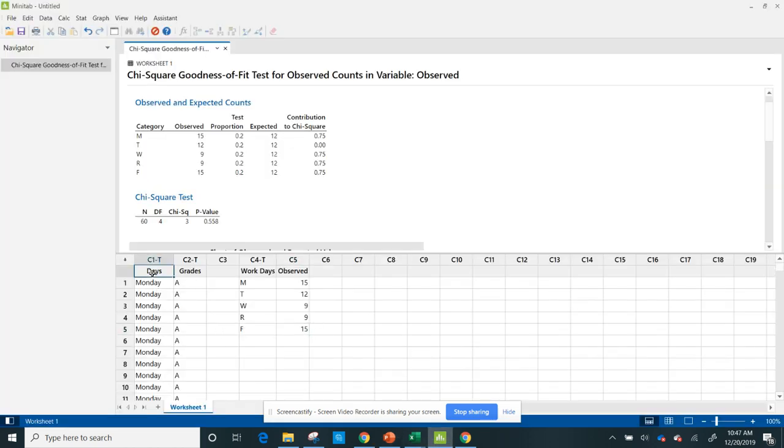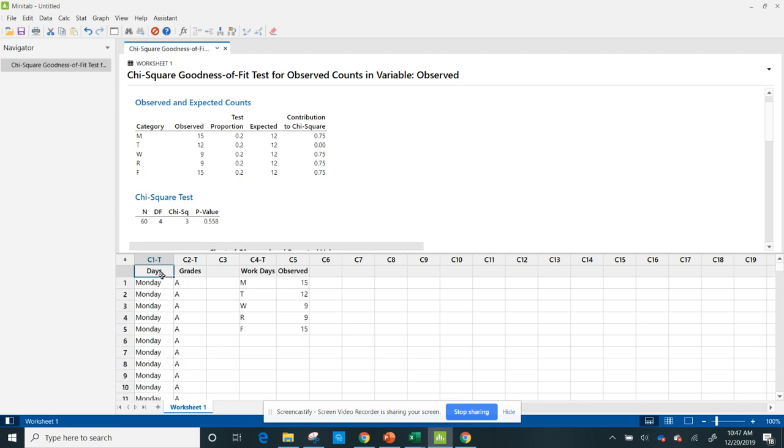And if you see here, I have it here in days, and I typed in 15 Mondays, 12 Tuesdays, 9 Wednesdays, Thursdays, and Fridays. And so if I scroll down, I'll show you. I keep scrolling down. You're going to see as the data changes, there's Thursday, and then that's how I did it. But I have every value.